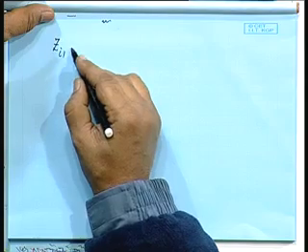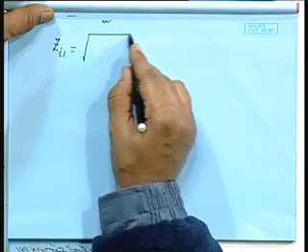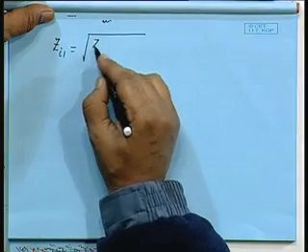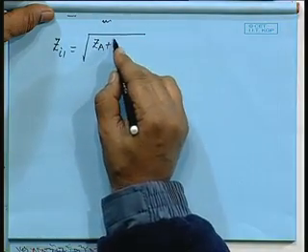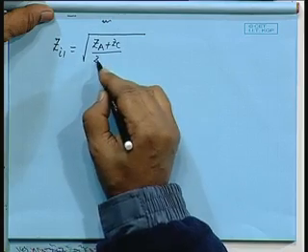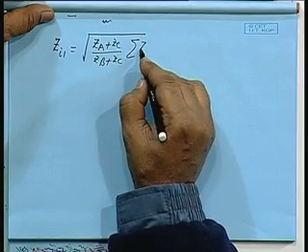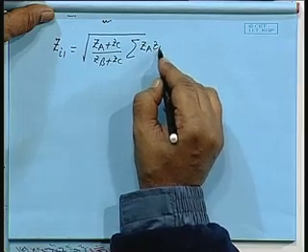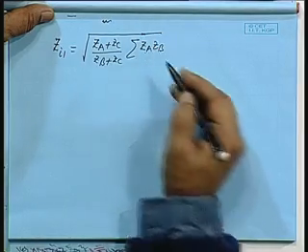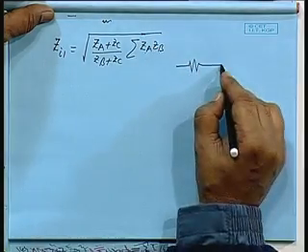The image impedances and iterative impedances, and we derived these relations for a T network. Z I 1 was (Z A plus Z C) by (Z B plus Z C) into sigma Z A Z B. This means the combination of two impedances at a time.